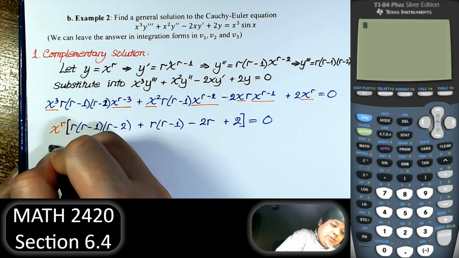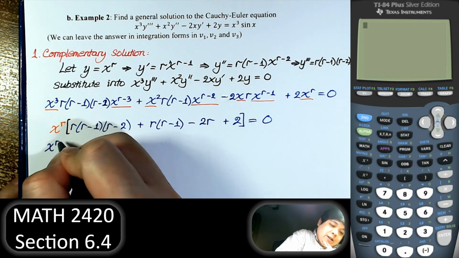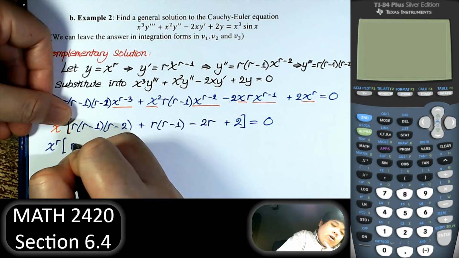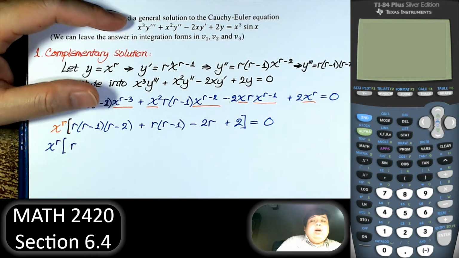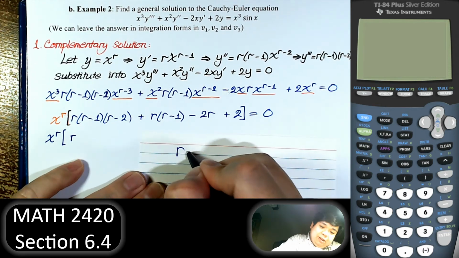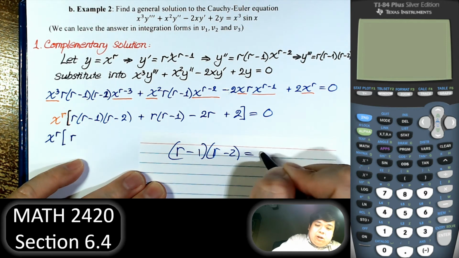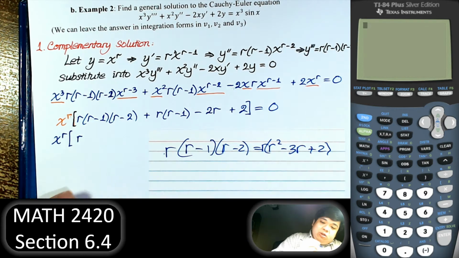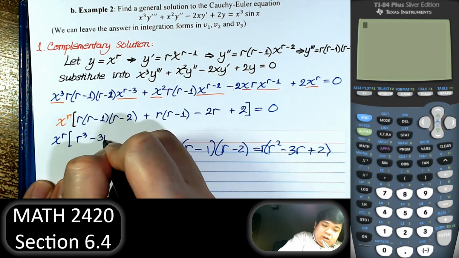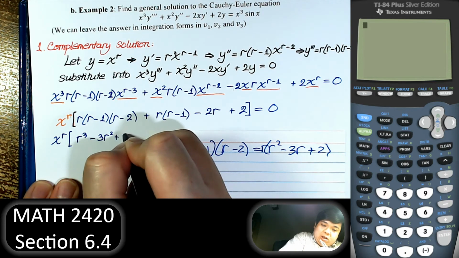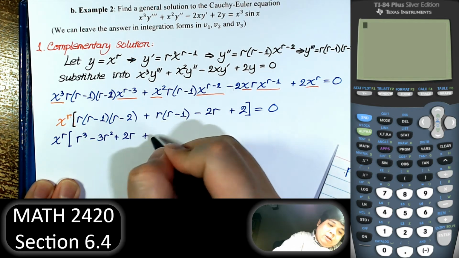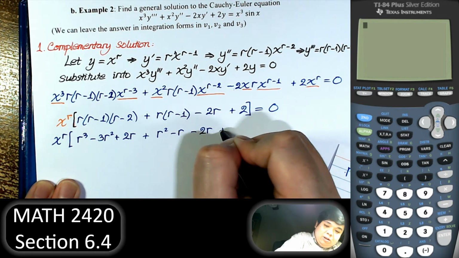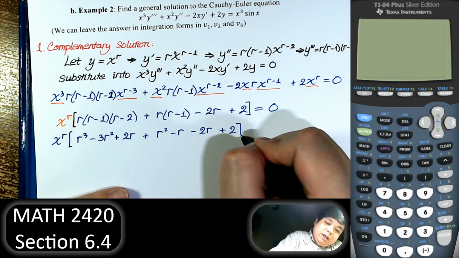So multiply this out. That will give us r squared minus 3r plus 2. Now multiply by r, so give us r cubed minus 3r squared plus 2r plus r squared minus r minus 2r plus 2 equal to 0.